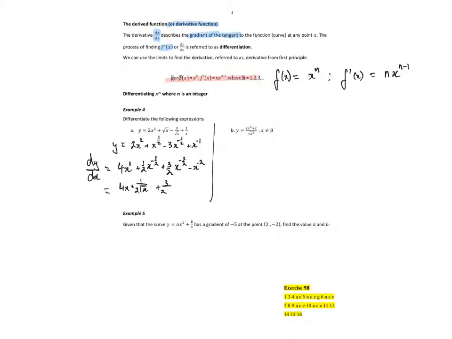Now we could write it as a range, but we might just write it as the cube root of x squared, and minus 1 over x squared, all right? So, look, that's our answer. But you need to be aware that if it was a multiple choice, the calculator would probably give you that form. You've just got to be aware of the different forms the answer could take, all right?